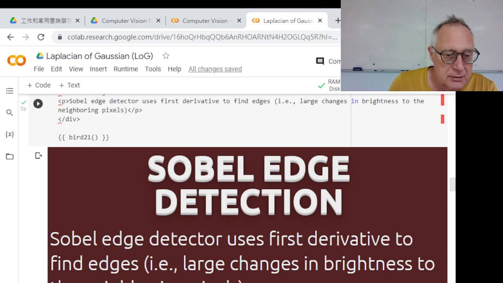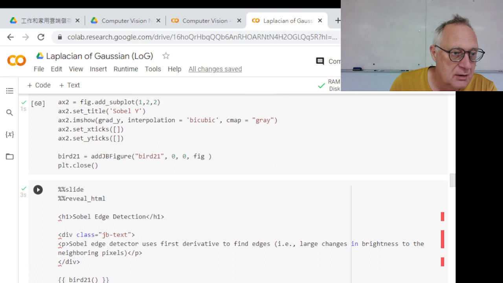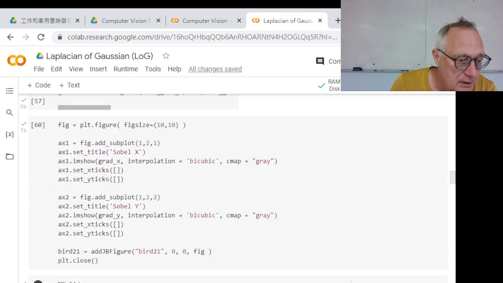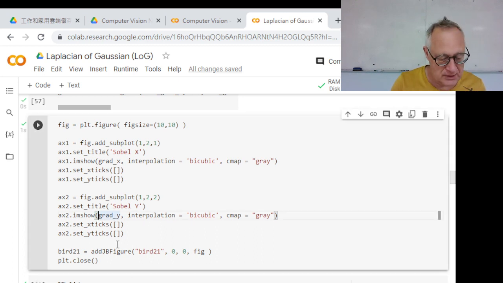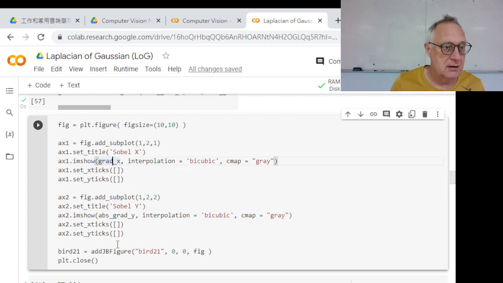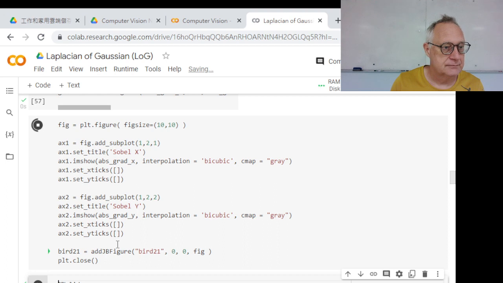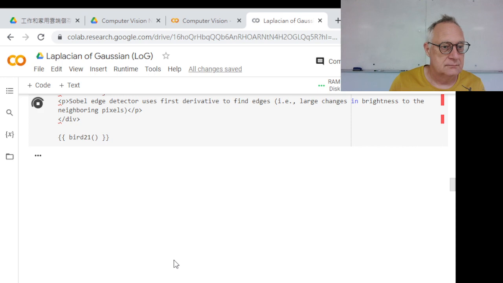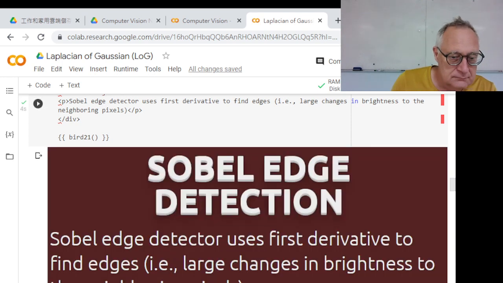And here's the output of the Sobel edge detector and the Sobel Y. Oh, I didn't want to show those. I wanted to show the absgrad Y and the absgrad X. And here's our output.